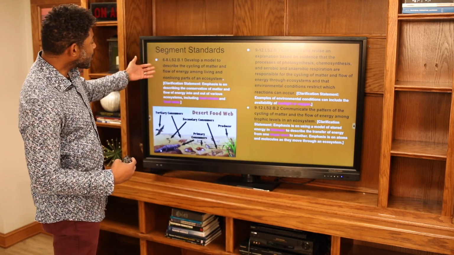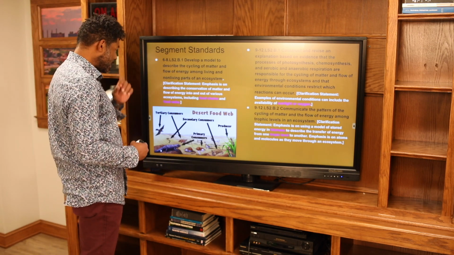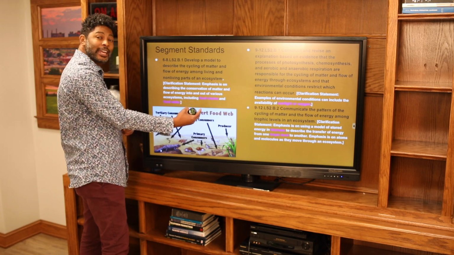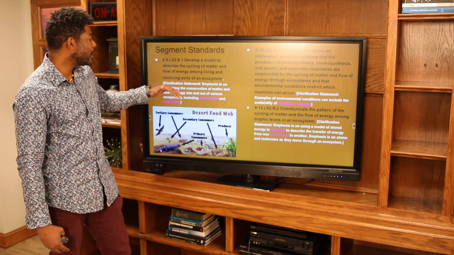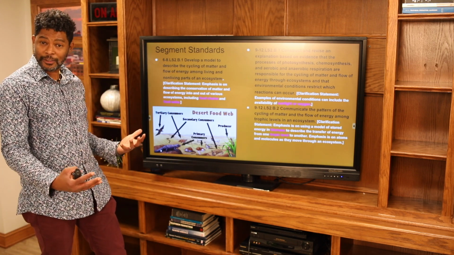If you're looking at our middle school standard, the thing that I want you to draw your attention to is that we're really looking at food chains and food webs, okay? And we're looking at how matter is cycled through these two different scenarios.